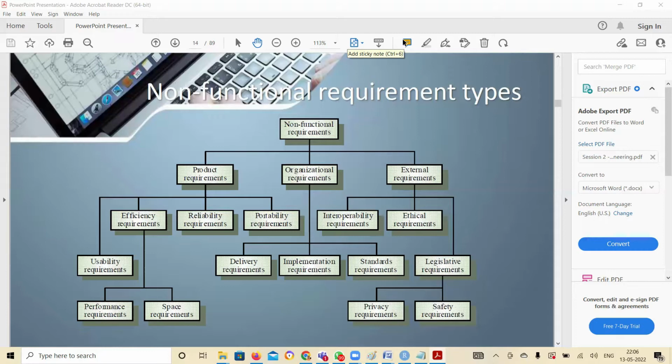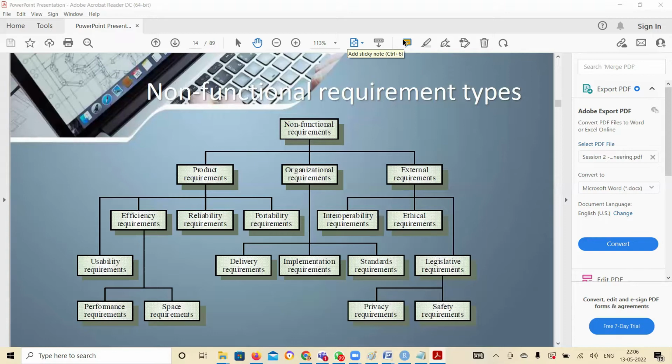The usability requirement is about how easy it is to use your software. The thicker your training document is, the more cumbersome it is. So you want it to be easy to use, isn't it? That's what we call usability requirement.